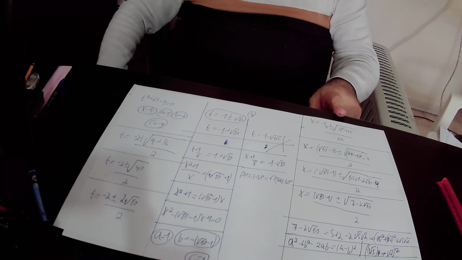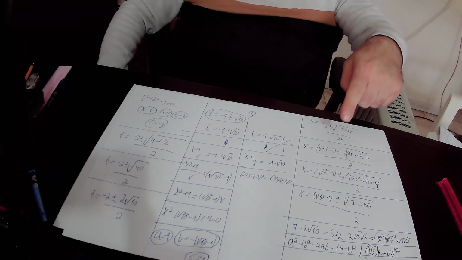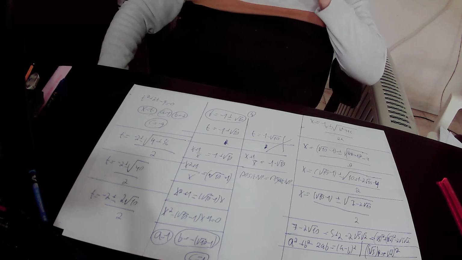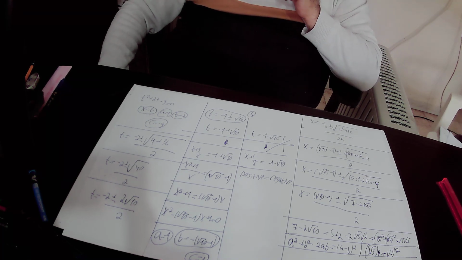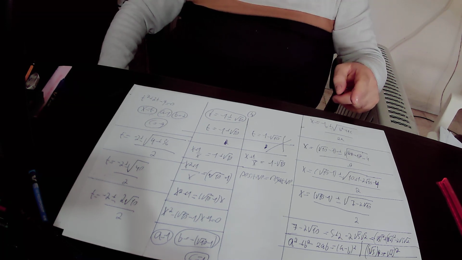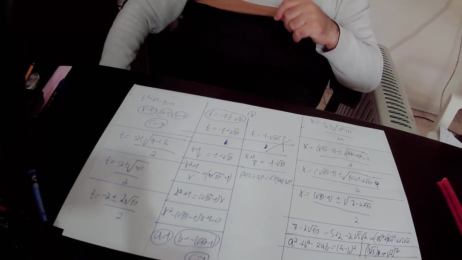And in our specific quadratic equation, b equals minus (square root of 10 minus 1), so minus minus is plus, and so minus b is equal to square root of 10 minus 1, plus minus square root of b squared. B is minus (square root of 10 minus 1), so b squared is (square root of 10 minus 1) squared, minus 4 times ac is minus 4, all divided by 2.